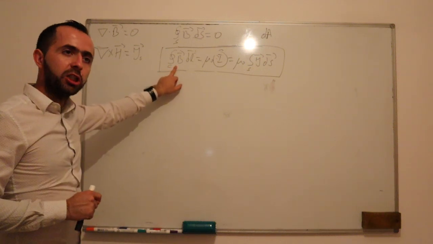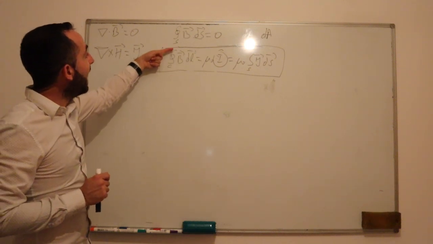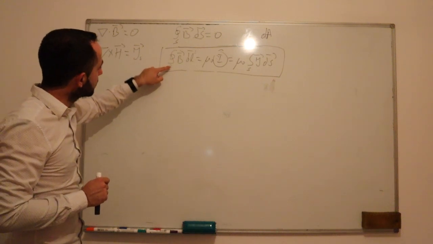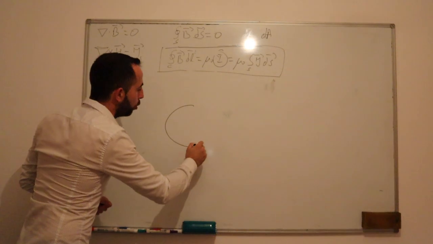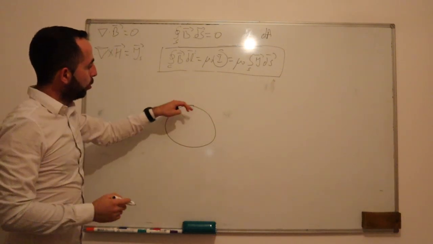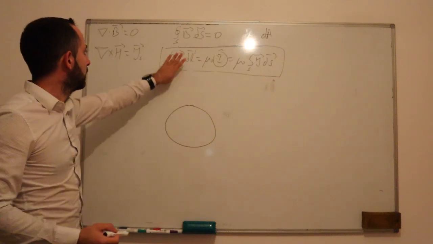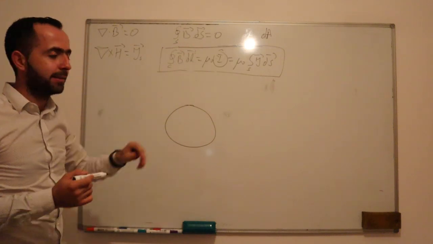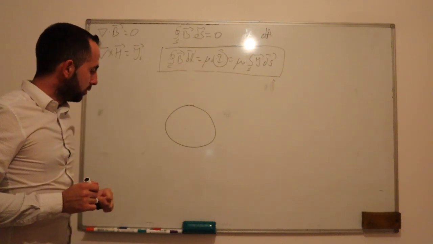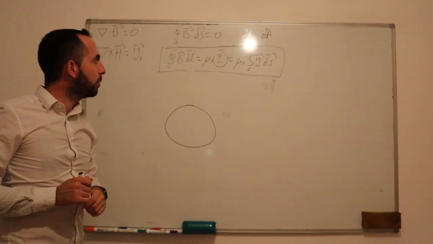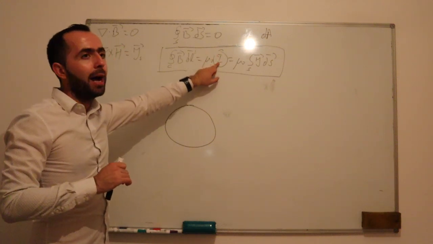The second equation is Ampere's law, which says that the line integral over a closed loop, and when we have a line integral over a closed loop we get a surface, so we are analyzing some surface here, is equal to the magnetic permeability, a constant for air, times the current.